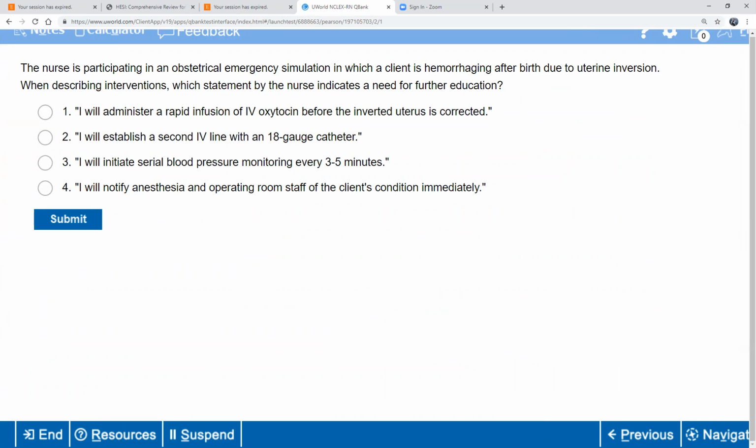The nurse is participating in an obstetrical emergency simulation in which a client is hemorrhaging after a birth due to uterine inversion. When describing interventions, which statement by the nurse indicates a need for further education?